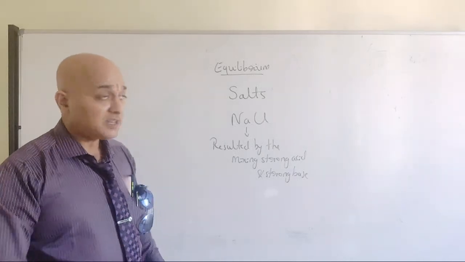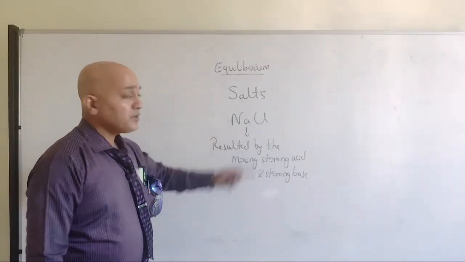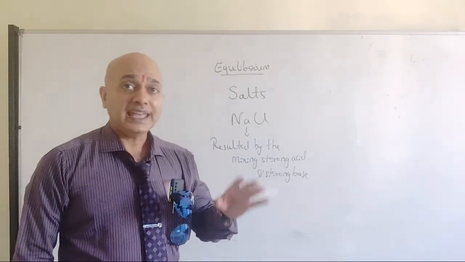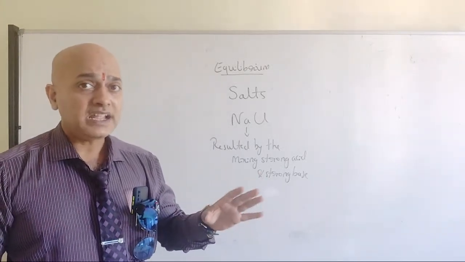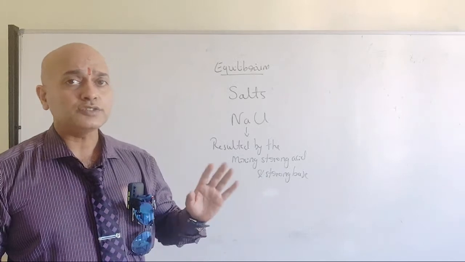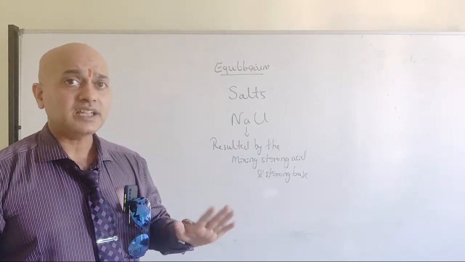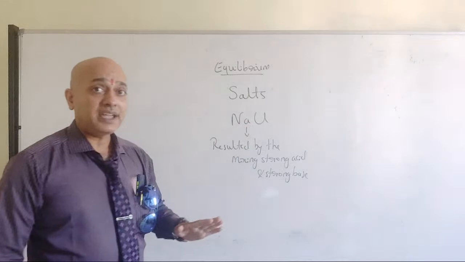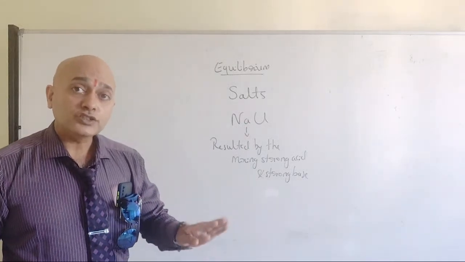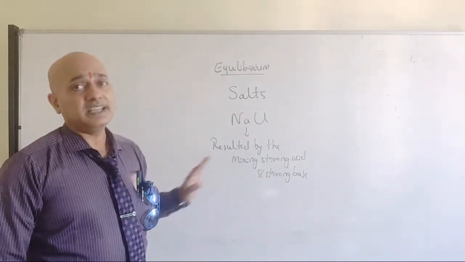So what I mean to tell here is, sodium chloride is having Na plus, which is a weak conjugate acid of the strong base sodium hydroxide, and it is having Cl minus, which is a weak conjugate base of the acid HCl.